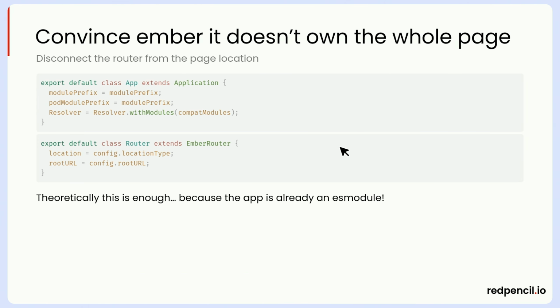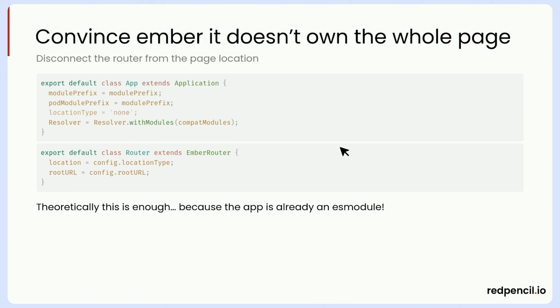That's one thing. The second thing you need to do before it will even start is you need to disconnect the router from the page's location. So again, Ember assumes it can just control the location, but it can't, because it's now running inside of another app, which that app probably controls the location. But it's also really easy to do.